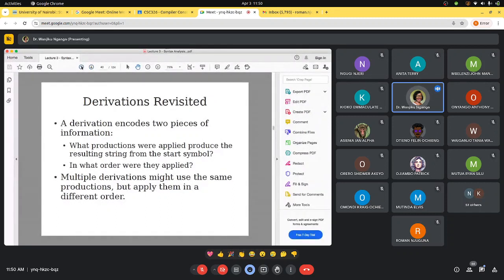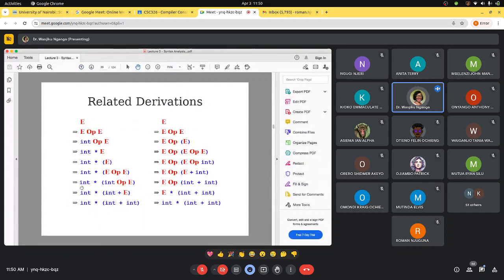This is a very good example: we've used the same production rules, but the order in which we use them was different. Here we first did bracketed E, whereas here we wrote E as int. The order is different, but we've ended up using exactly the same productions.